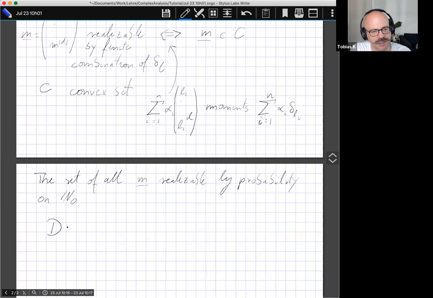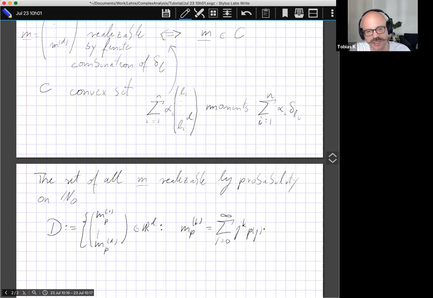This set D is given by all vectors (m_1(p), ..., m_d(p)) in R^d such that m_k(p) is equal to the sum over j equals 0 to infinity of j^k p(j), for some p.